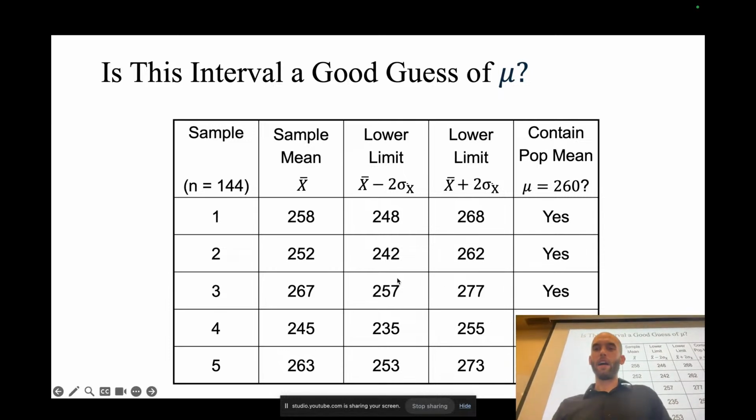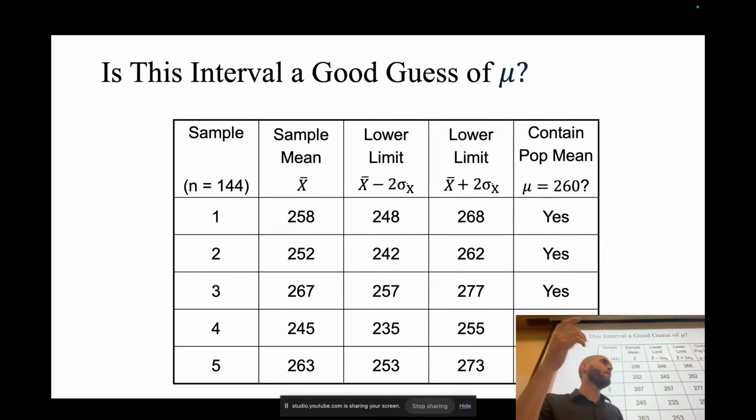If the true mean is 260, sometimes the true mean will be in that interval, the 90% confidence interval, but it won't always be. If we get a really low or really high draw, then the interval around the sample mean will not contain the true mean.